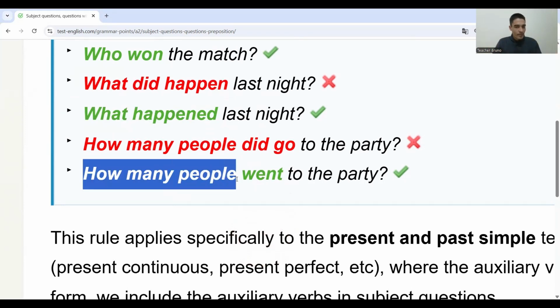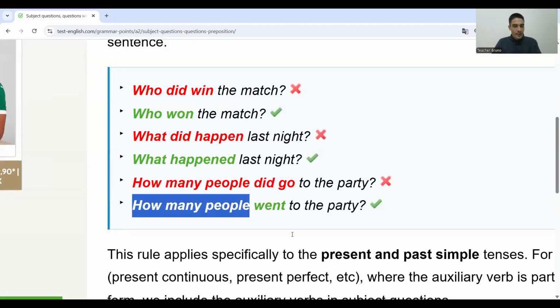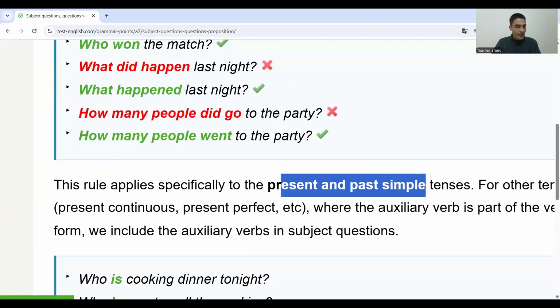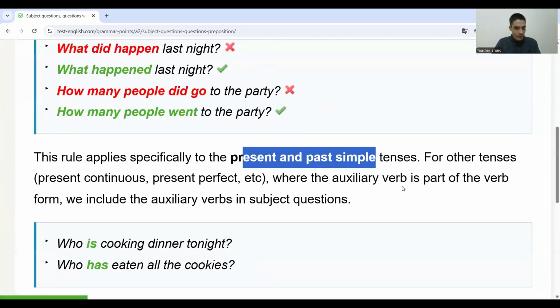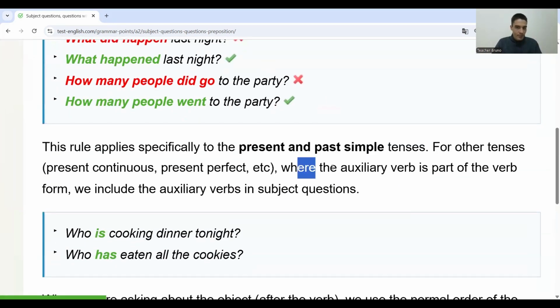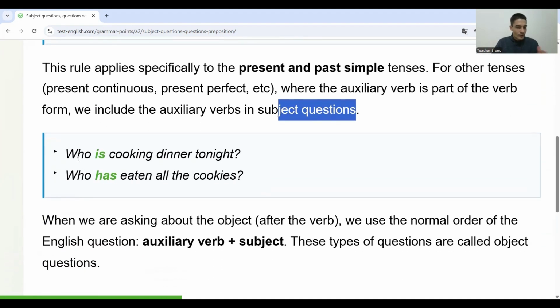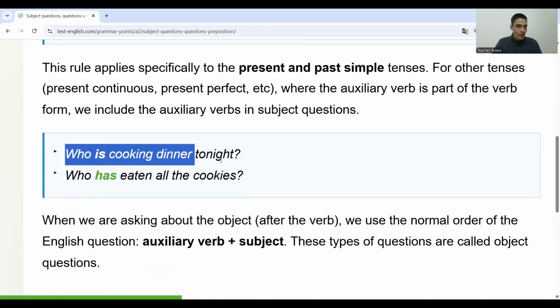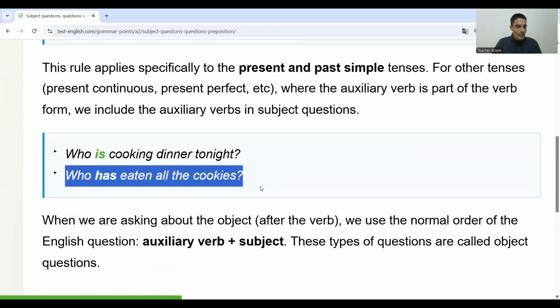How many? This rule applies specifically to present and past simple tenses. For other tenses, where the auxiliary is part of the verb form, we include the auxiliary in subject questions. Who is cooking dinner tonight? Present continuous. Who has eaten all the cookies? That's present perfect.